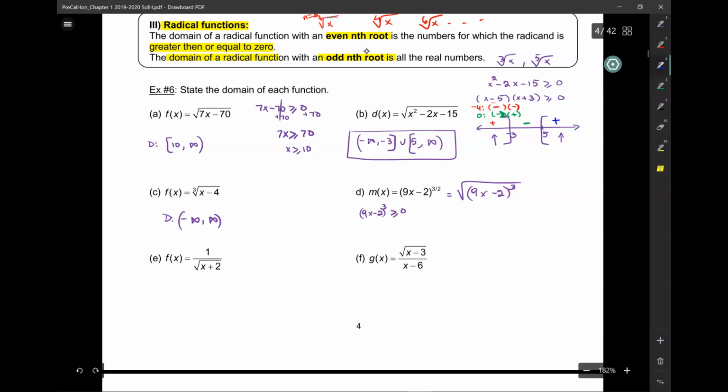I can take a cube root of both sides. 9x minus 2 is greater than or equal to 0. 9x is greater than or equal to 2, so what's x? Greater than or equal to 2 over 9. How do I write my domain? 2 over 9 to infinity, closed.